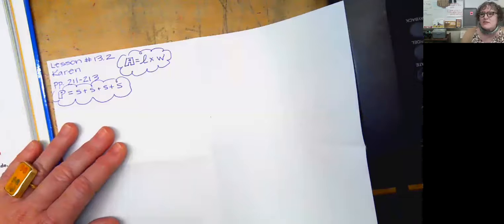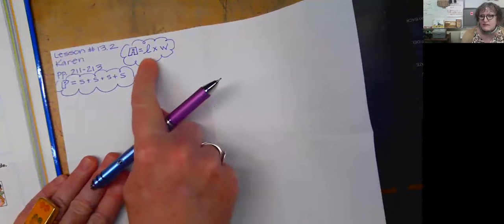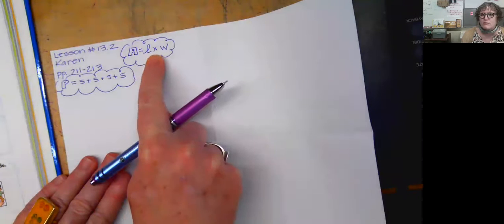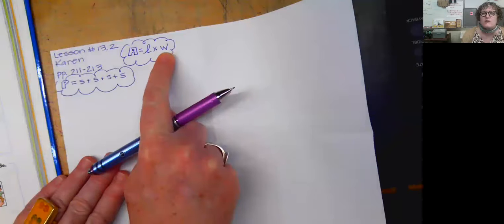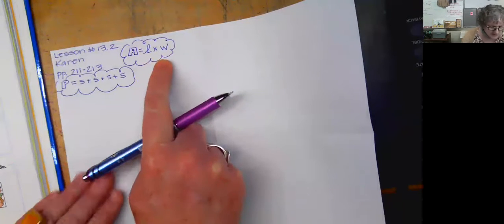All right. So sometimes in the math book they'll have you adding length plus width plus length plus width. That works too. But I like to go ahead and multiply it because it's a little bit faster for me.